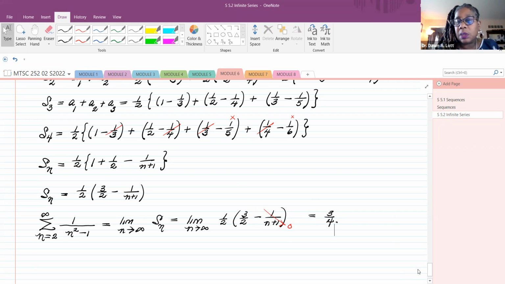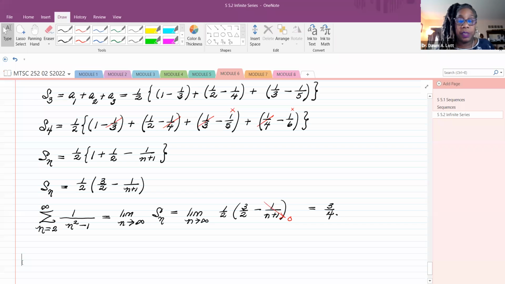So notice with the geometric series and the telescoping series, we can not only determine if and when the series converges, we can also find its sum. Okay, so that's a big deal. That is a big deal.